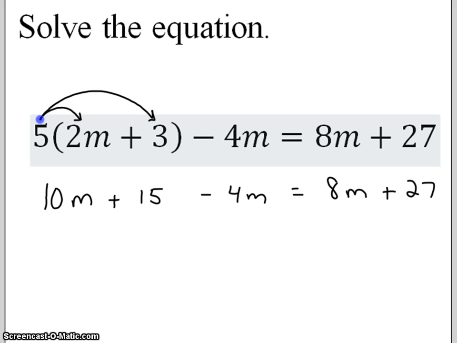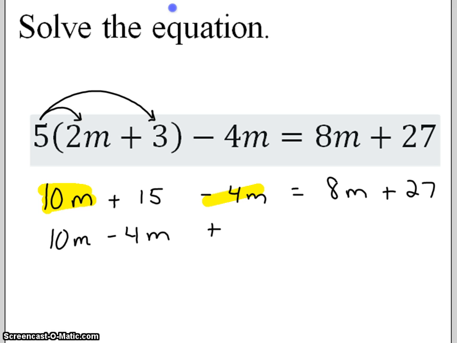Now the left side can still be simplified. There are like terms. The 10m and the negative 4m are like terms, therefore they can be combined. What you do is subtract: 10m minus 4m.